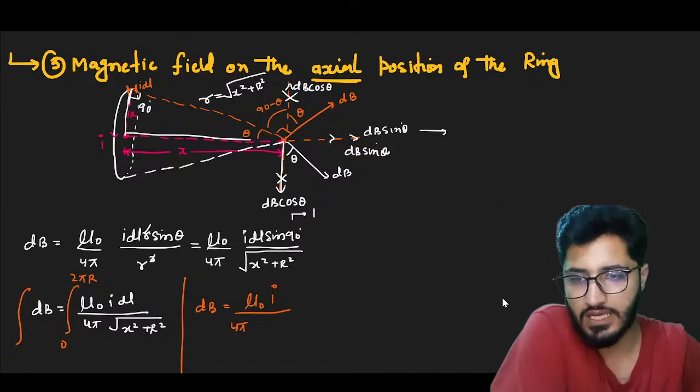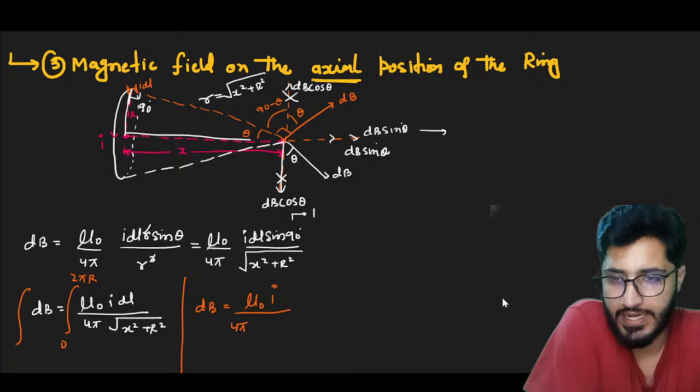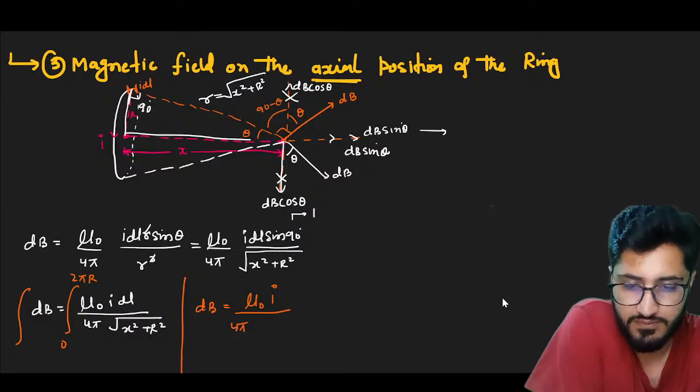But I guess, look here, no? I guess I had just missed something. Ideally, it comes to be r square. If r square will cancel out, but now I'm pretty sure we had done something wrong here. I guess we had done something wrong here, no?